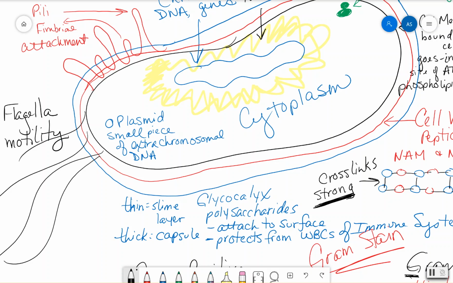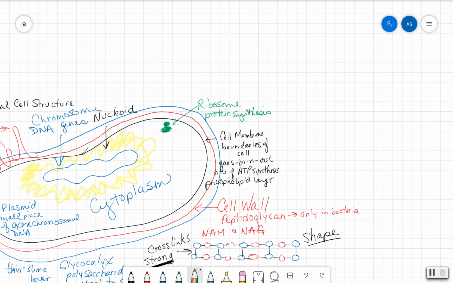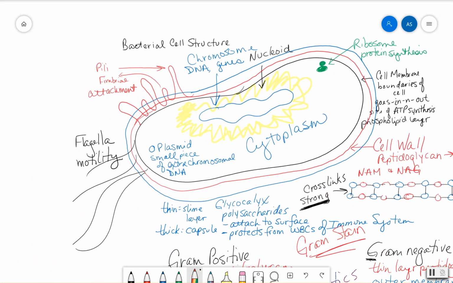Now, something that's important to know about this bacterial cell that I've drawn, this is an imaginary bacterial cell. Not all bacteria have all of these structures. All bacteria will have a cell membrane. They all have ribosomes. They all have to have a chromosome.